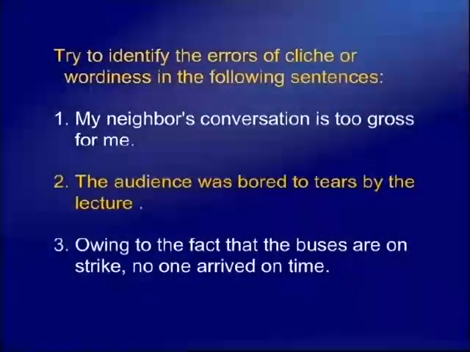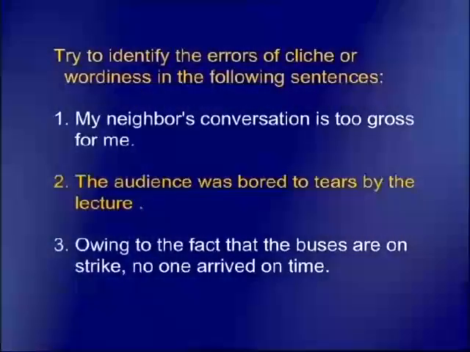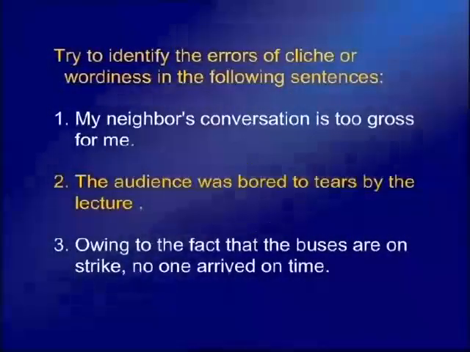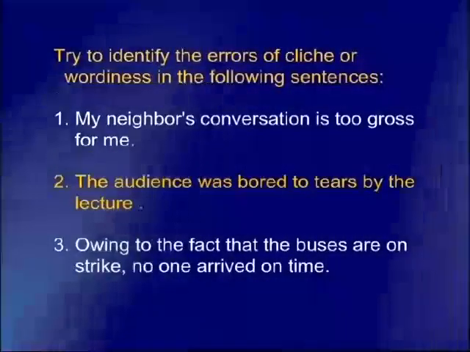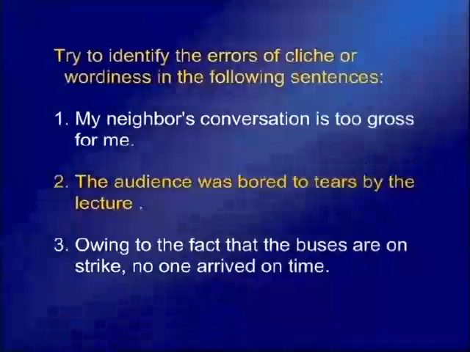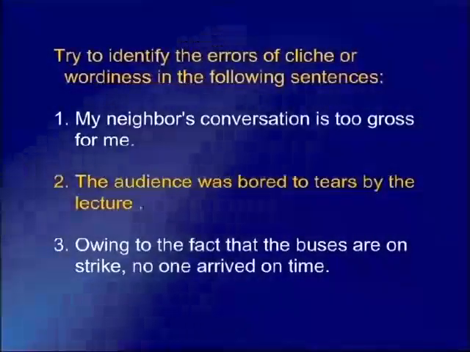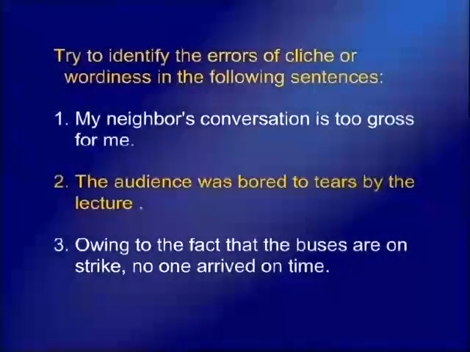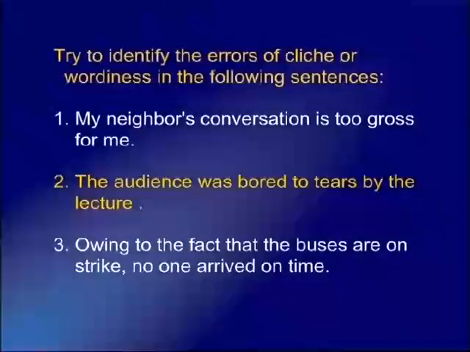You can rewrite it as, my neighbor's conversation is disgusting, because gross means vulgar. Take the next one. The audience was bored to tears by the lecture. There is no need to have the words bored to tears. You can just say the audience was bored by the lecture.